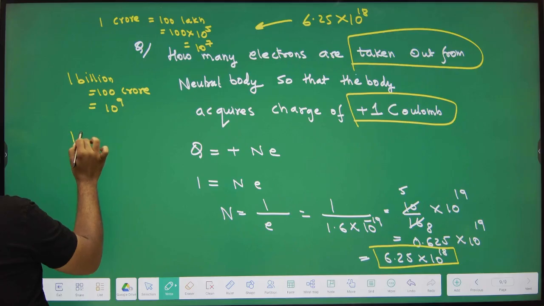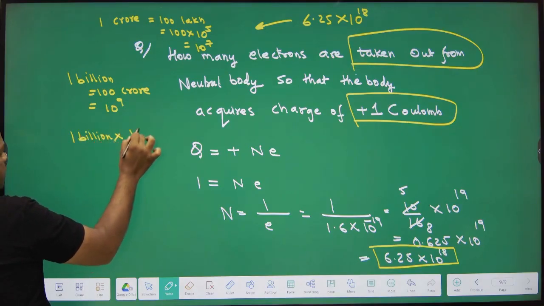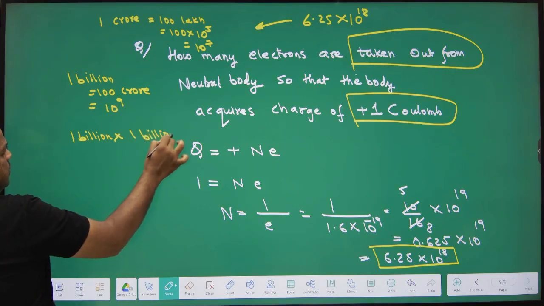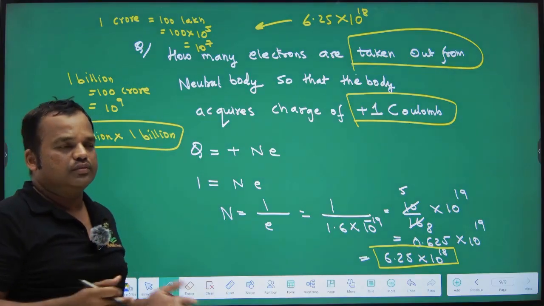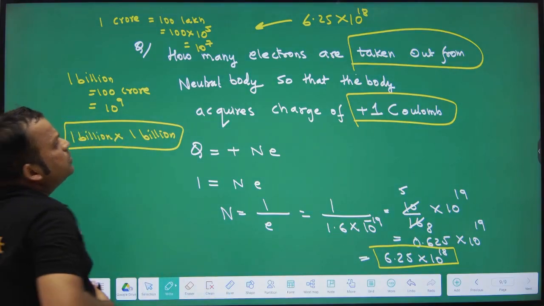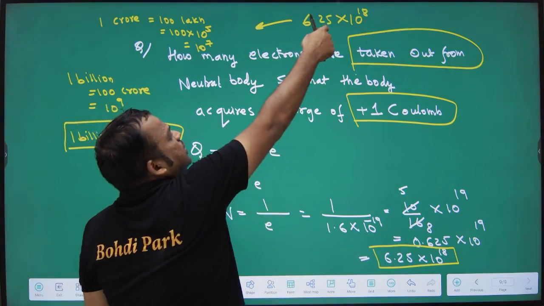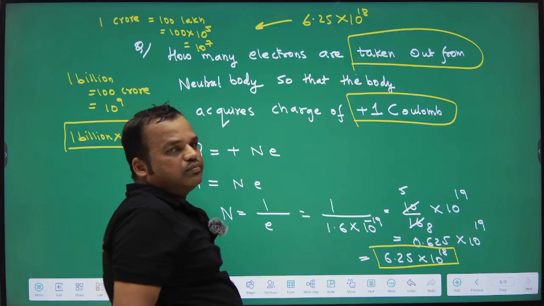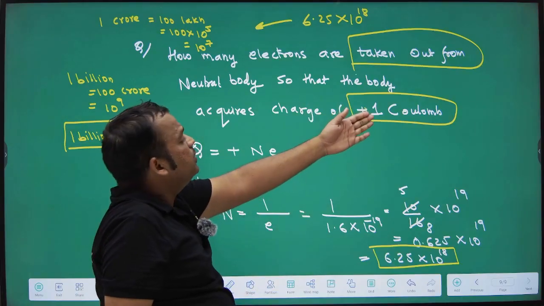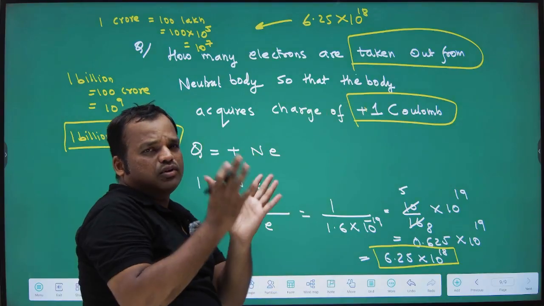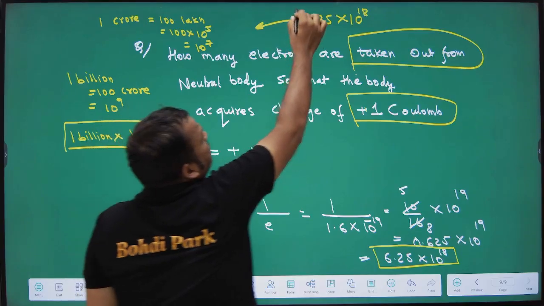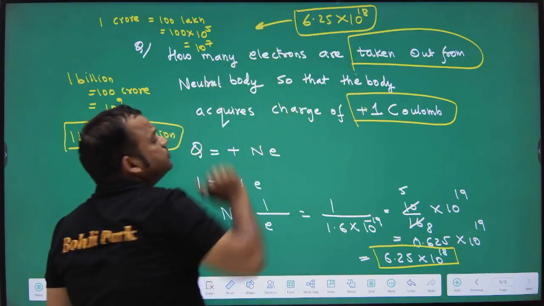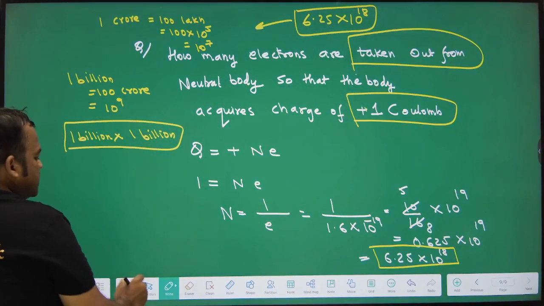So 1 billion into 1 billion becomes a very large number. So these many electrons are taken out to make plus 1 coulomb. So plus 1 coulomb is a very large amount of charge because these many electrons are involved.